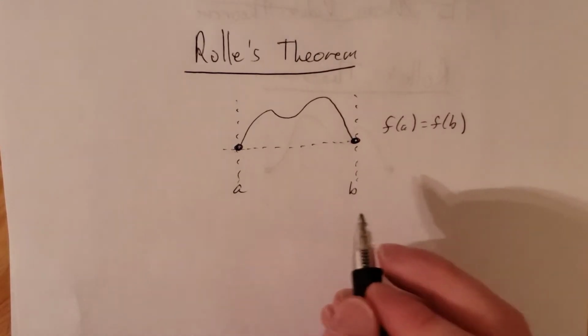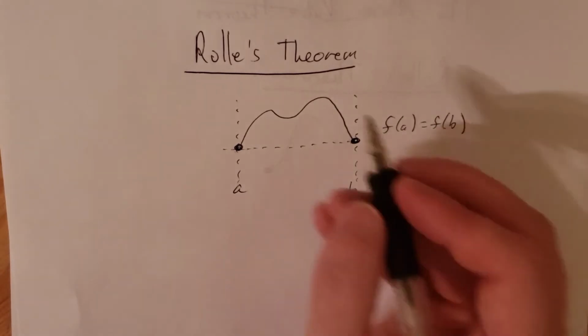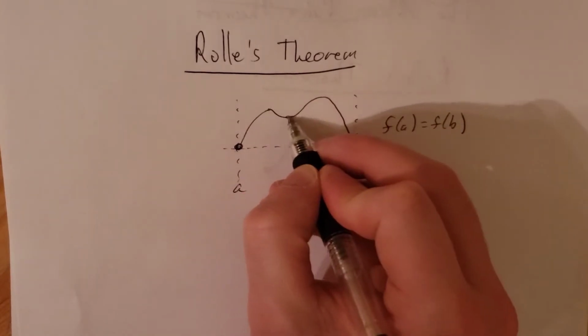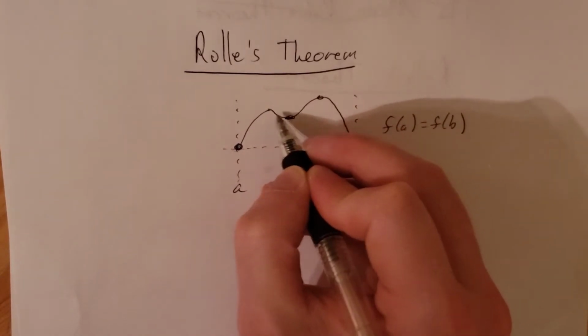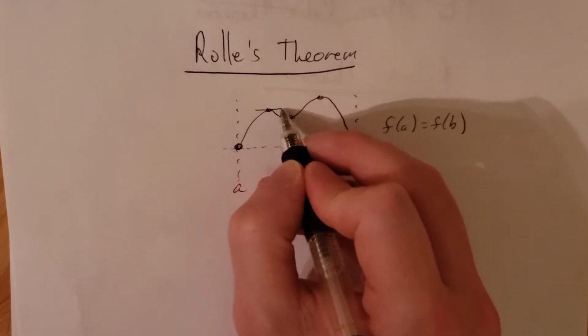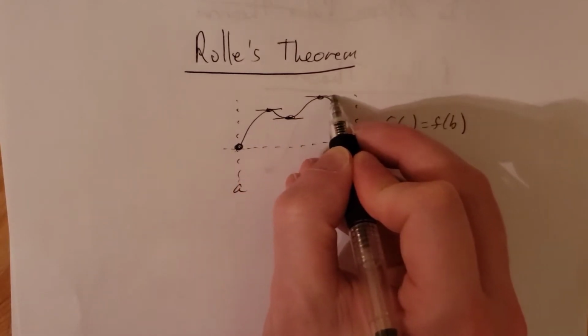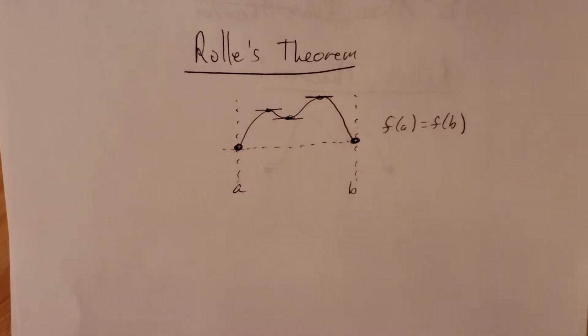What Rolle's theorem says is that we're guaranteed to have some values in between a and b where the derivative is 0. And by looking at this picture, we can probably believe that.